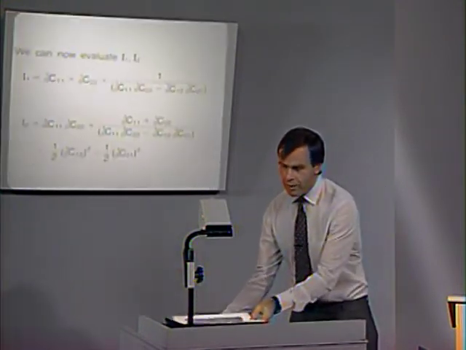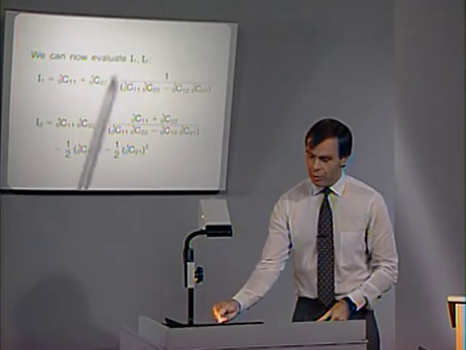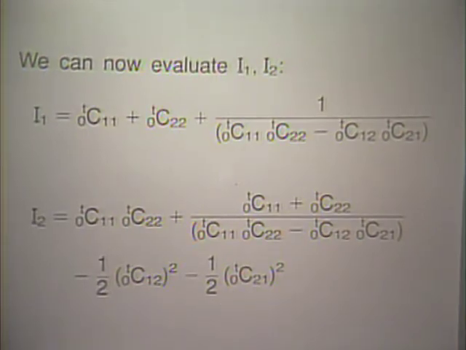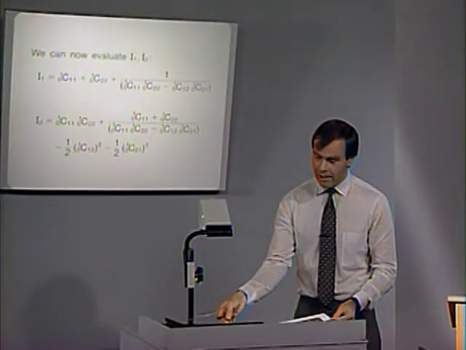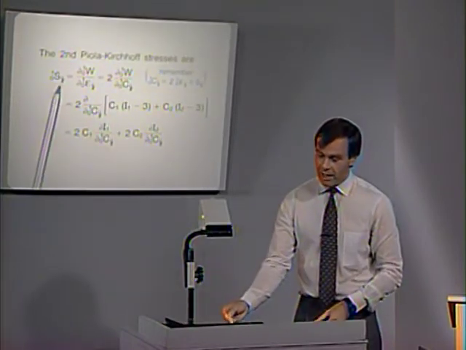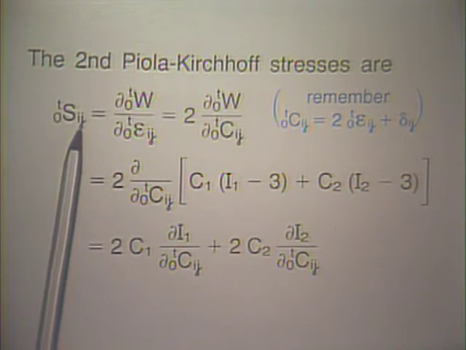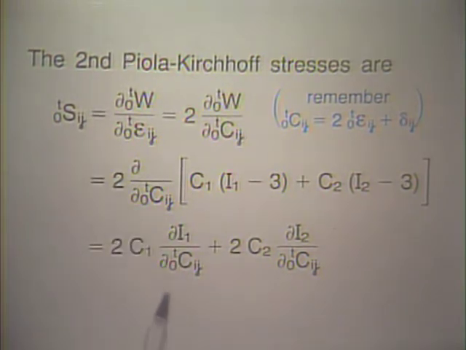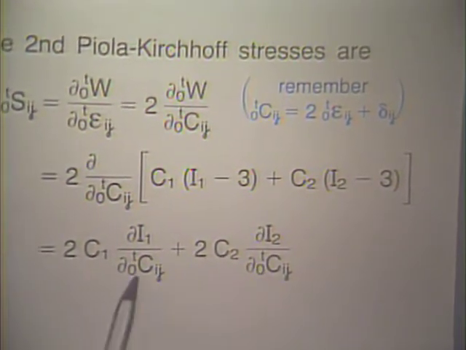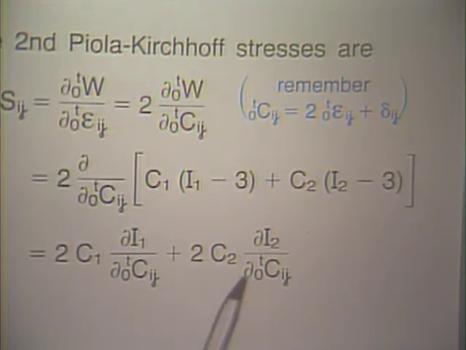We can now evaluate with this constraint I1 and I2. Here you see the expressions. And if we have I1 and I2, we can go back to the Mooney-Rivlin law, substitute, and directly obtain our second Piola-Kirchhoff stresses in terms of the Cauchy-Green deformation tensor components. And of course, we also have a relationship between the Cauchy-Green deformation tensor components and the Green-Lagrange strain tensor components.